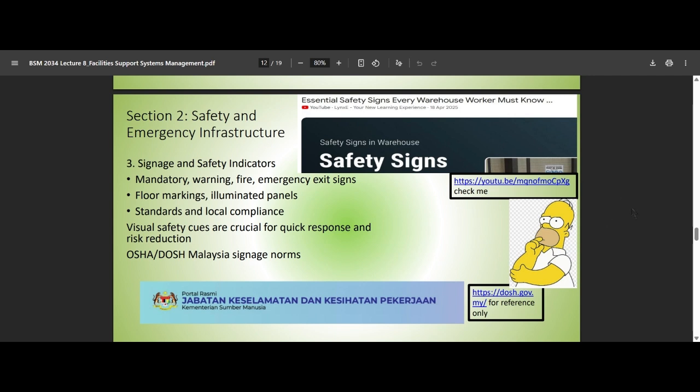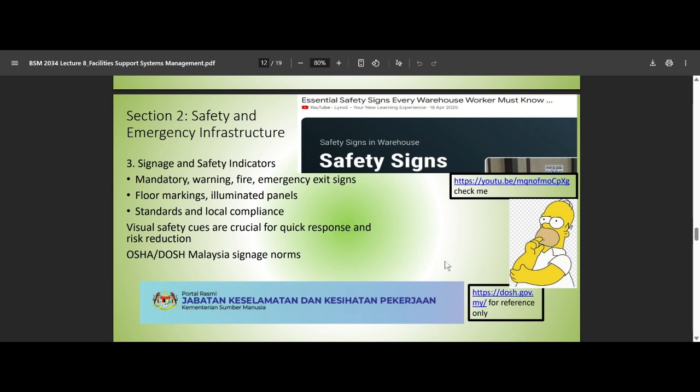It also covers floor markings, illuminated panels, and requires standard and local compliance. Two names will come into the signage and safety indicators: OSHA and DOSH.